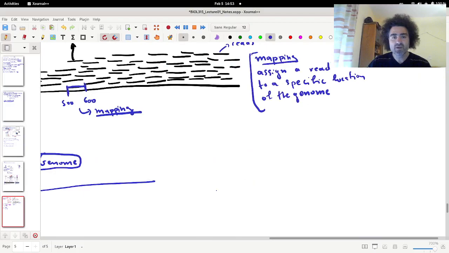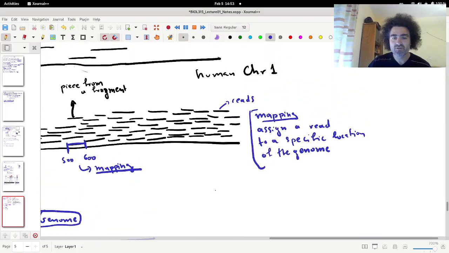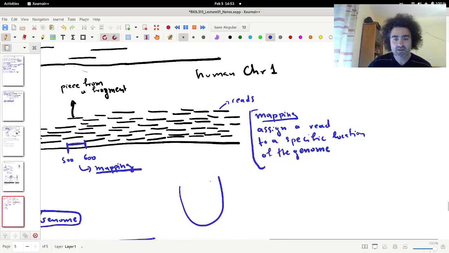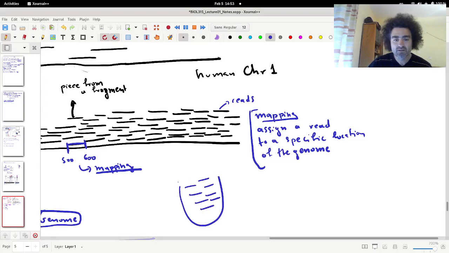Sometimes for other organisms that are not model organisms, we don't have the reference genome. And what we have there is just a bag of reads. These are reads that are sequenced. We know the sequence of these reads.